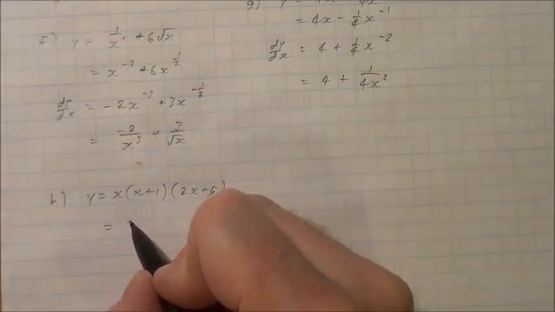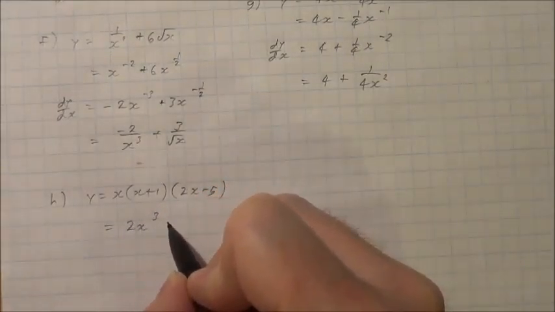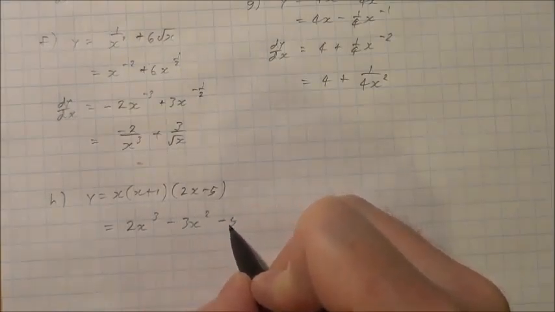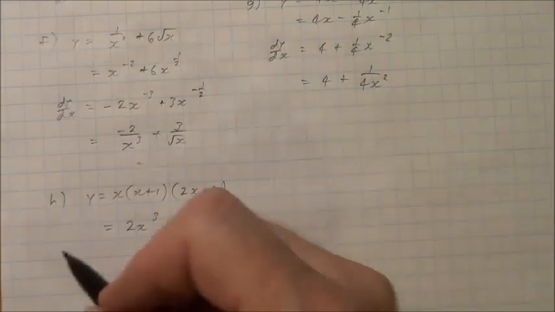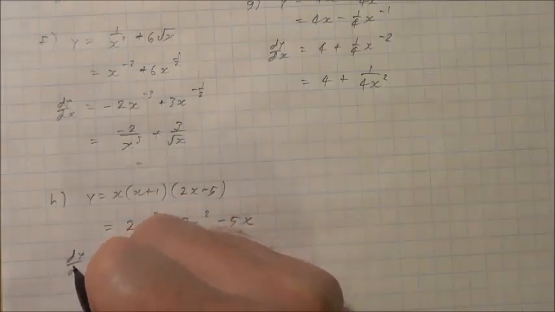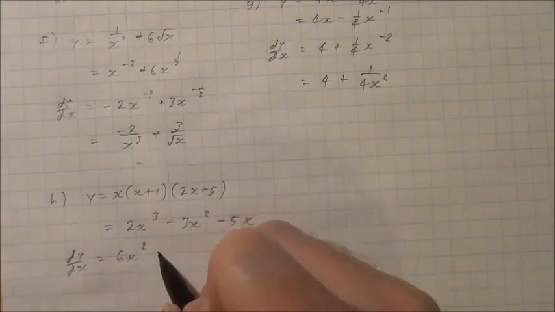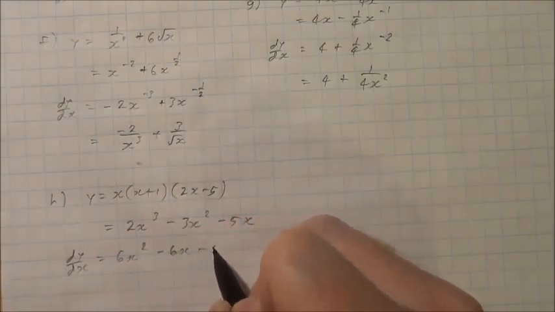And so what I end up getting is 2x cubed minus 3x squared minus 5x. And now I take the derivative of that, 6x squared minus 6x minus 5.